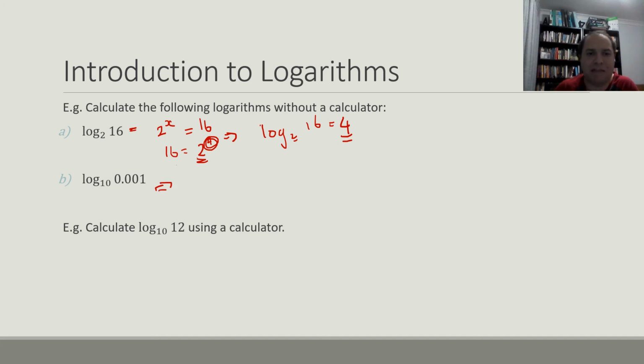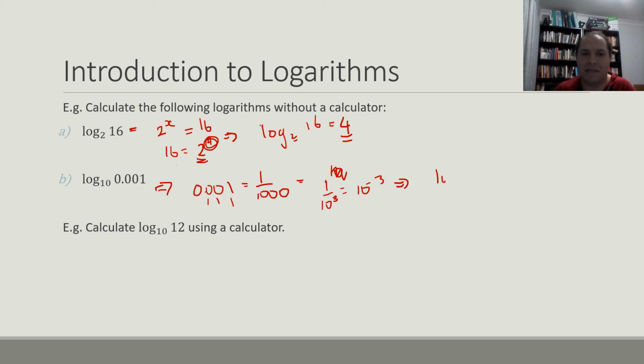Right, in our second problem, okay, we've got log base 10 of 0.001. Now, rewriting that one, 0.001 equals 1 over 1,000. Right, so we've got tenths, hundredths, thousandths. And so we can write that as 1 over 10 cubed, or 10 to the negative 3.